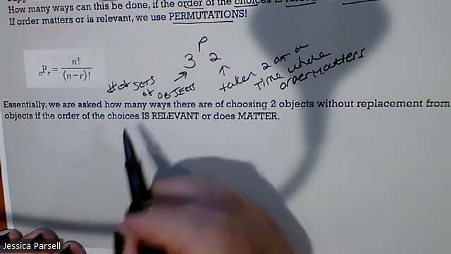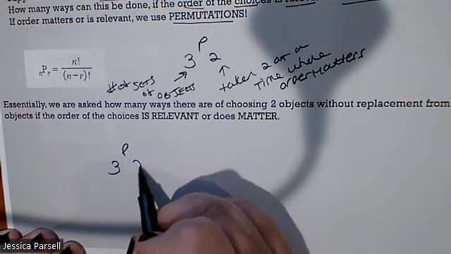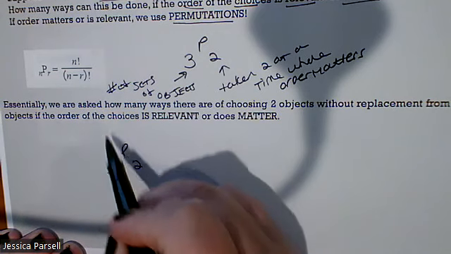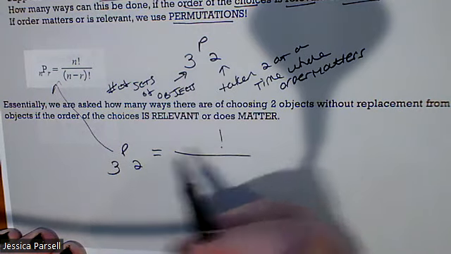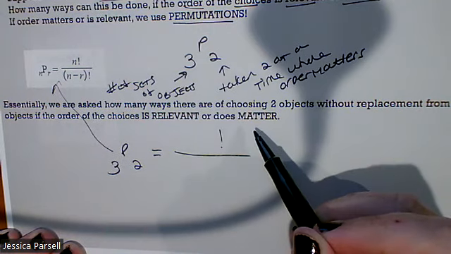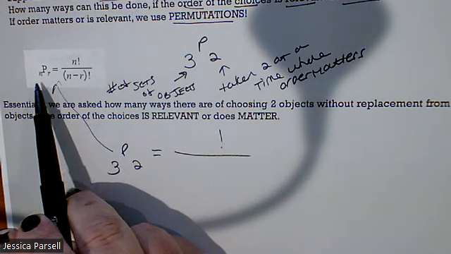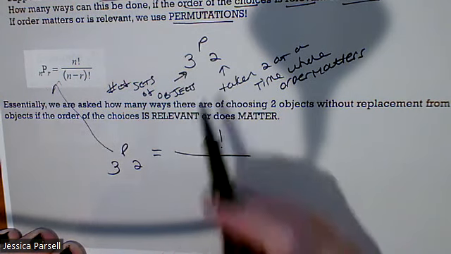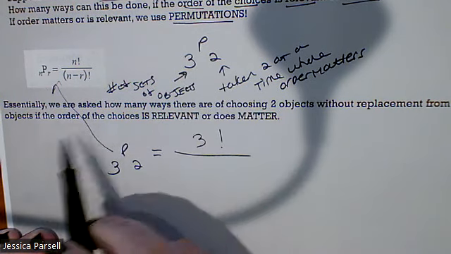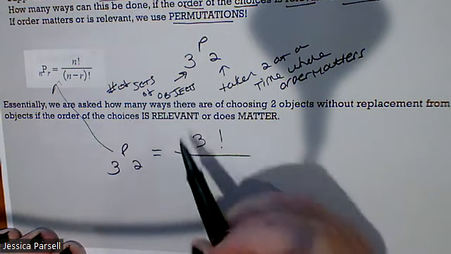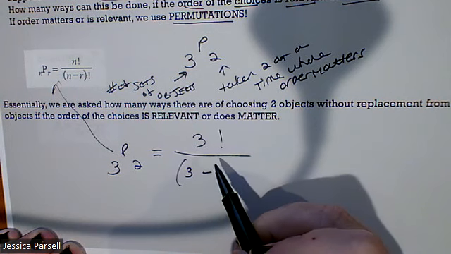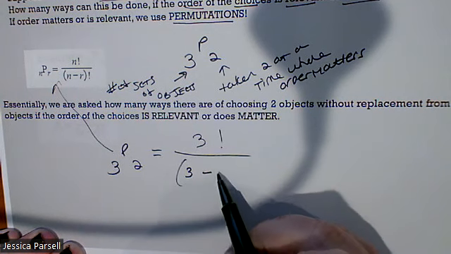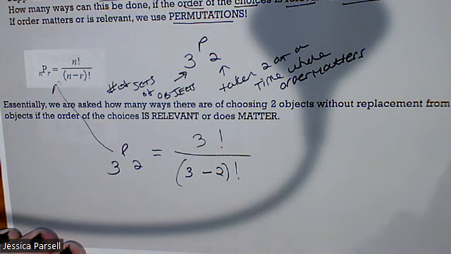Okay, so our formula, let's write this down. 3P2, 3 permute 2, is going to be equal to n factorial. Well, n right here is the number of objects, that's 3. And then on the bottom, we have in parentheses n again, so again that's 3, minus r, which is this 2 here, factorial.